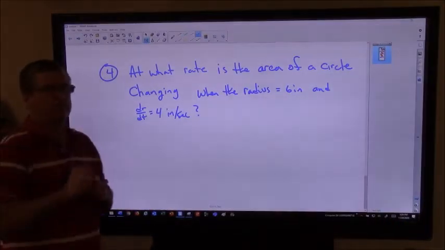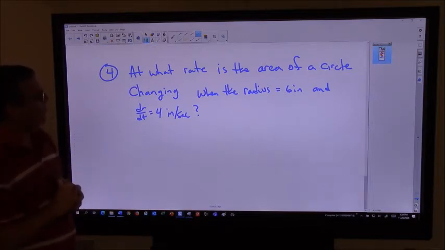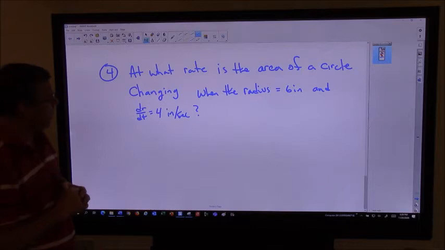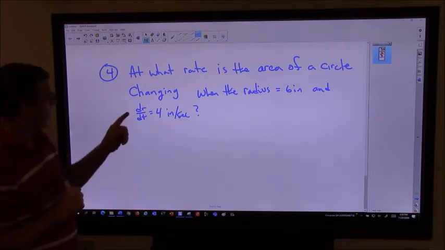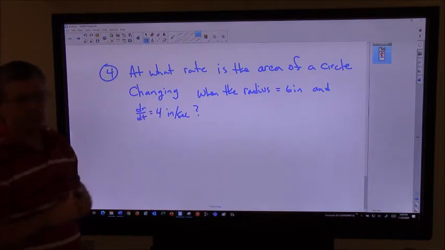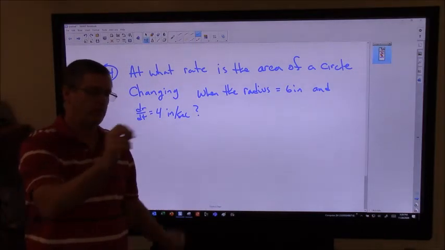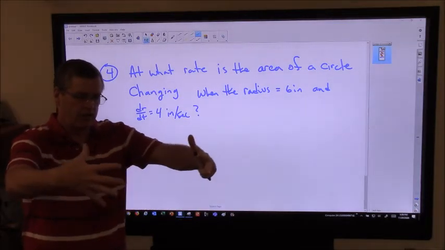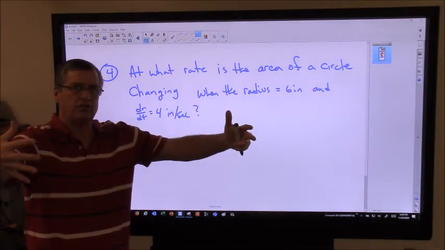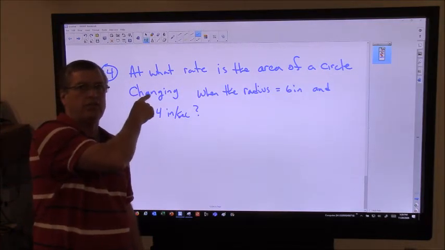Let's try another one. All right, I love this problem. At what rate is the area of a circle changing when the radius is 6 inches and dr over dt equals 4 inches per second? So, have you guys ever been at a lake or something and you throw a rock in the water and it splashes, but then you see these ripples, they get larger and larger and larger. Don't tell me this thought didn't come into your head at that moment, right?